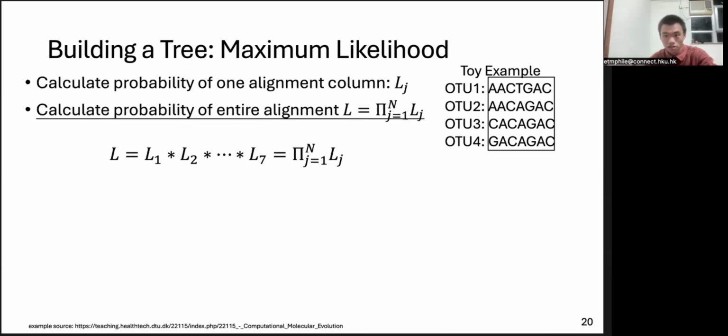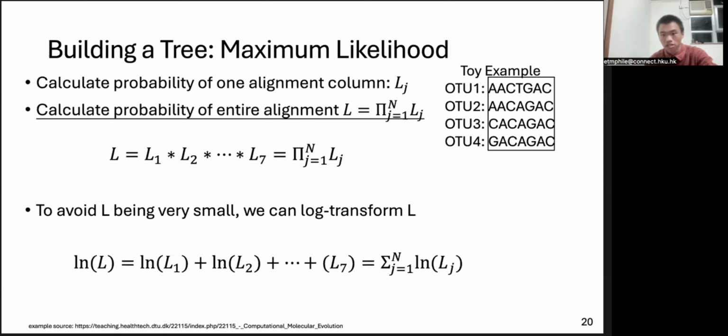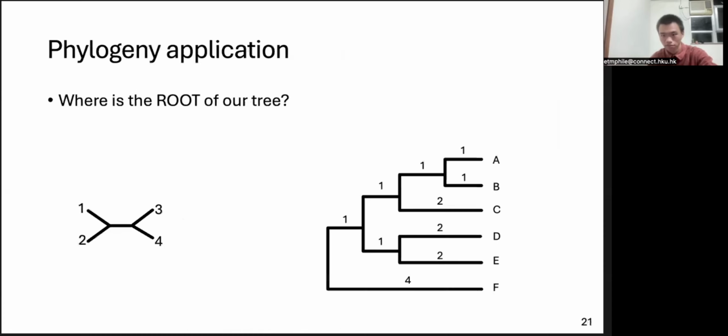Finally, the site likelihoods Lj are multiplied together to get the overall likelihood of the alignment given the tree. If you want to avoid multiplication leading to very small numbers that are very hard to represent on a computer, you can log transform the likelihood.